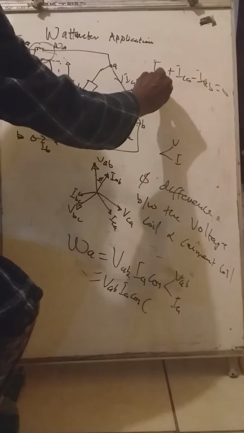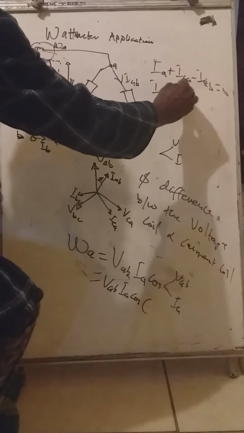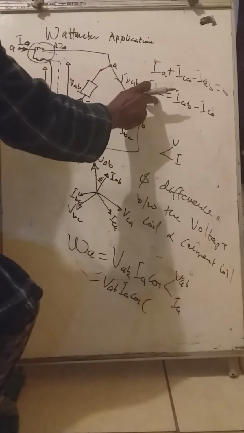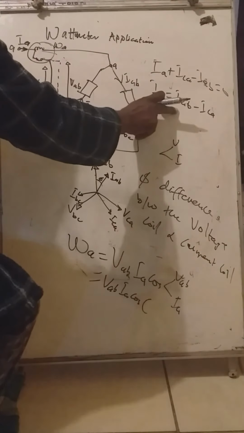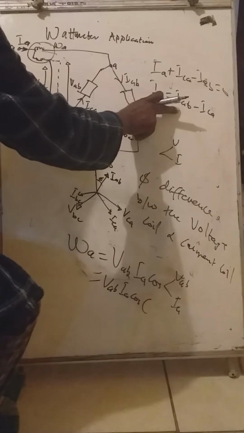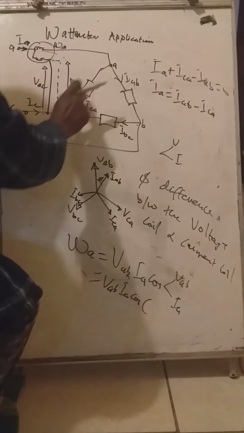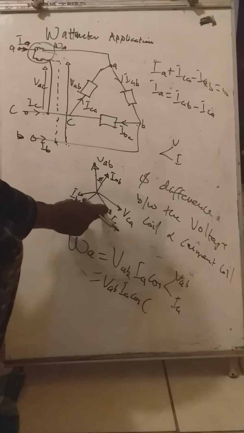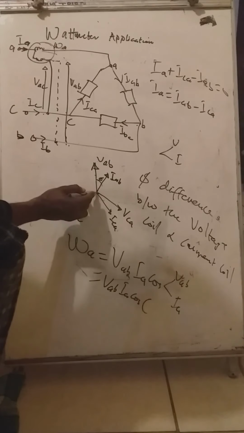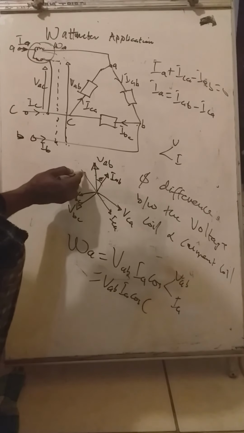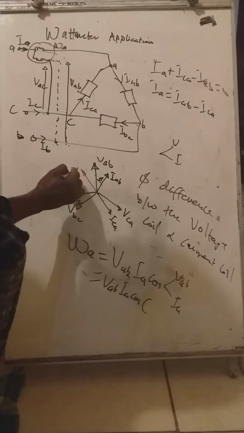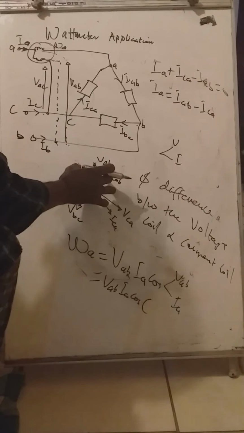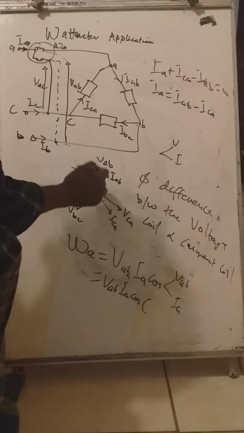And we determined that our IA will be IAB minus ICA. So our IA is made up of IAB minus ICA, which is the ICA reverse, the negative ICA. The phasor sum of these will give you IA.